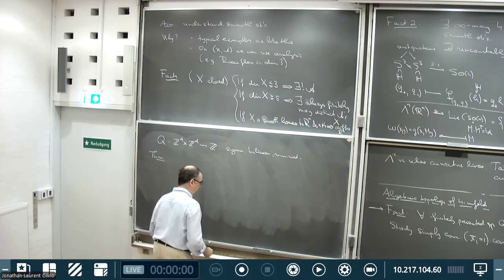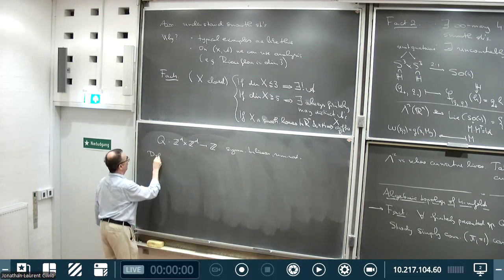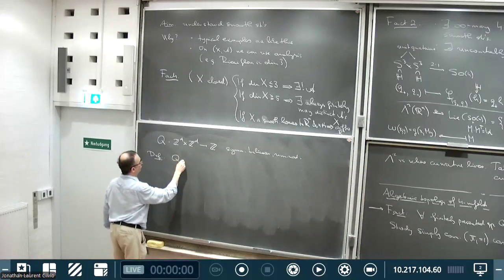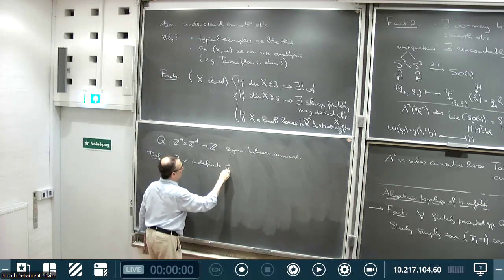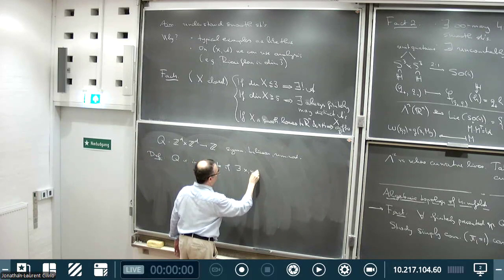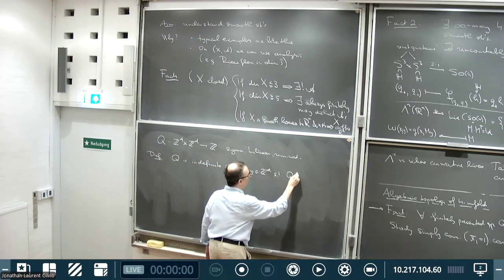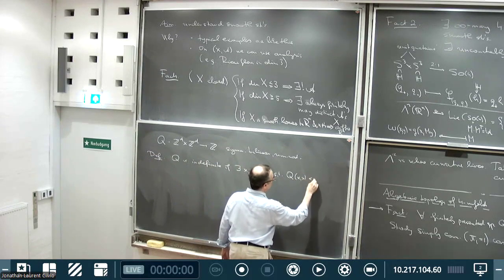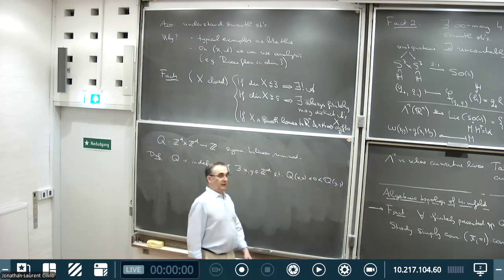Sorry, I'll start with the definition. So Q is indefinite if there are x, y in Z^D such that Q(x,x) is negative and Q(y,y) is positive.